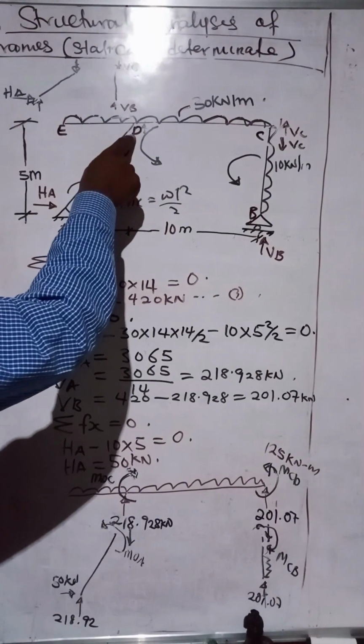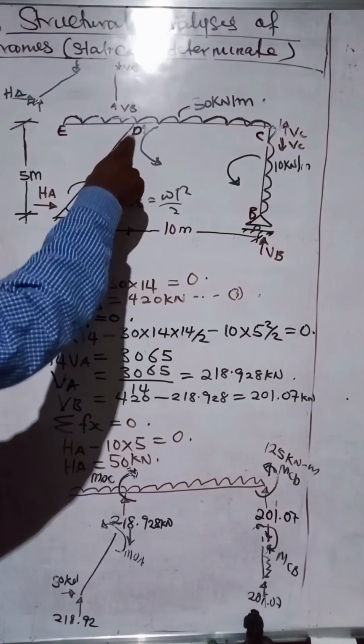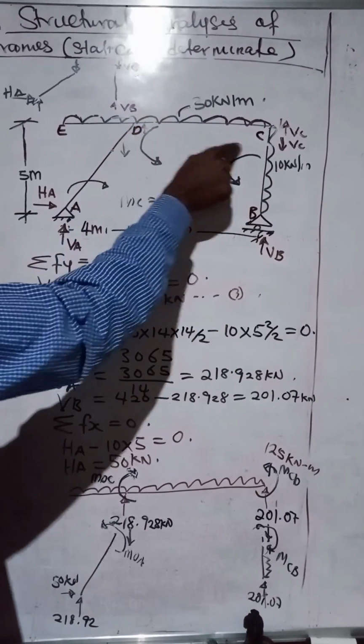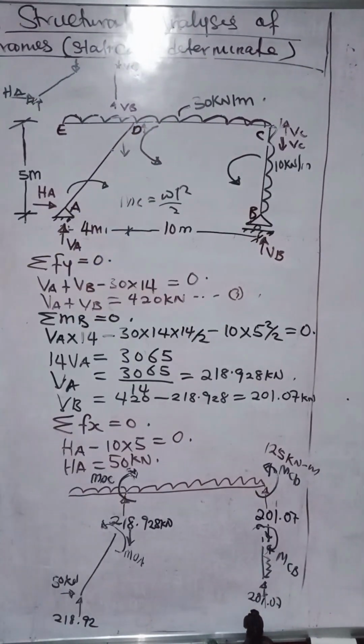I'll find out the moment at D due to DA and the moment at D due to DC. So they are going to be different moments. Okay, so let's find out what the value for the moment are.